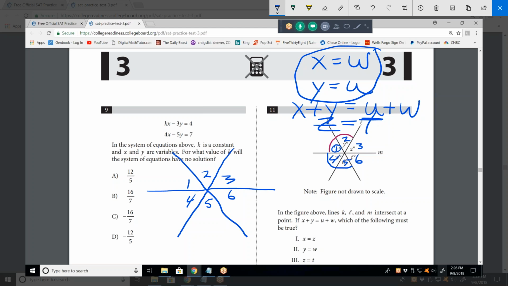Well, all I have to do is slant this line slightly so that it looks like this. Now 2 would still be equal to 5, but 1 would not be equal to 4 anymore.